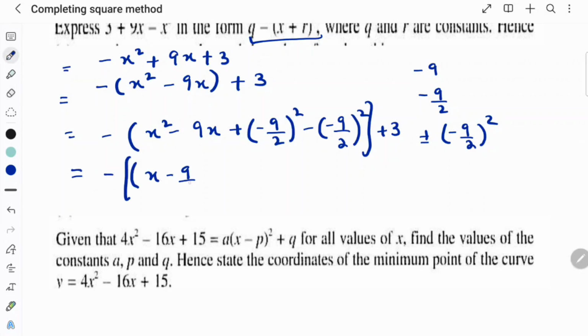So right now it is equal to x − 9/2 whole squared. This much is (x − 9/2)², and then minus 81 over 4, minus because of this sign. That is plus 3.